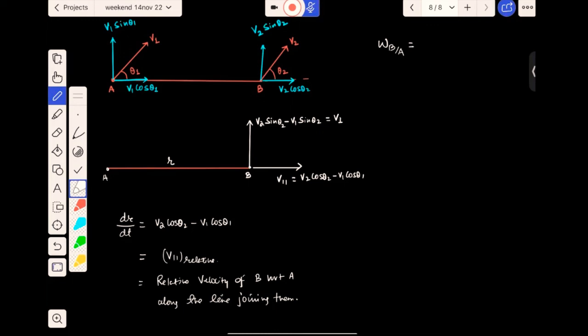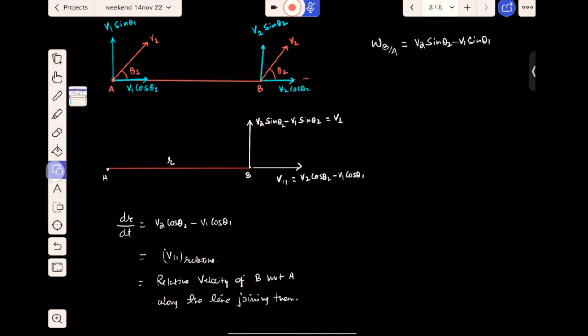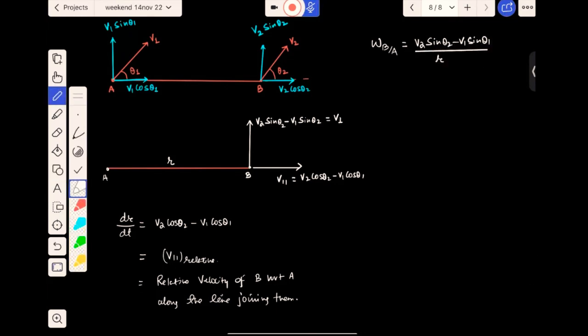So omega of B with respect to A here will be V2 sine theta 2 minus V1 sine theta 1 divided by the separation between them at any point of time, suppose R. So what exactly is it? It is the angular velocity of B with respect to A.